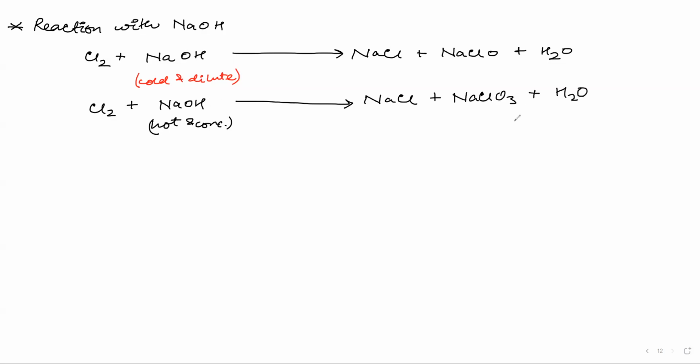So if NaOH is more, you will get NaClO3. If NaOH is less, you will get NaClO. That is the only difference: hot and concentrated gives NaClO3, cold and dilute gives NaClO.